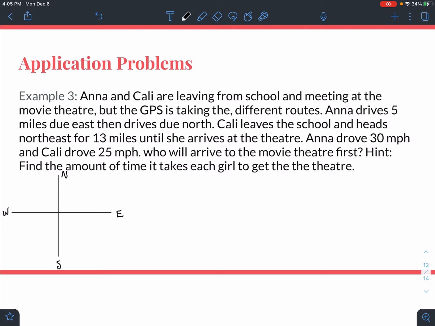So, when Anna drives 5 miles east, she's driving from the school, and she's going 5 miles this way. Then she drives due north. That's going to be this direction. Then she drives due north to get to the theater.